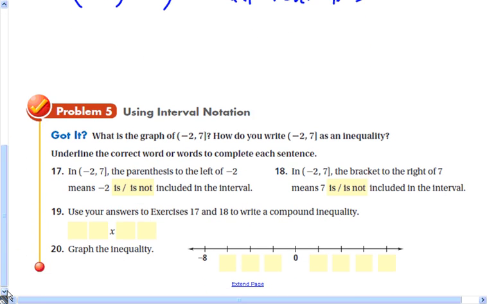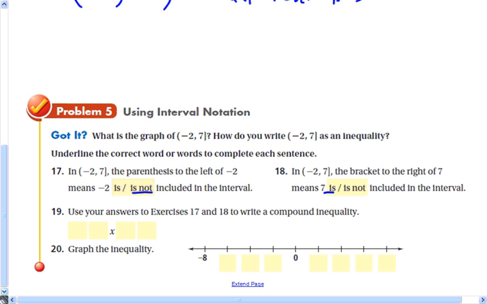All right, so using interval notation. The parentheses to the left of -2 means that -2 is not included. In (-2, 7], the bracket to the right of 7 means 7 is included in the interval. So we're going to use those answers to write a compound inequality.